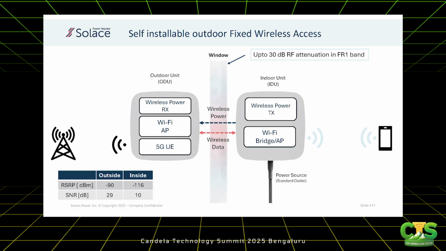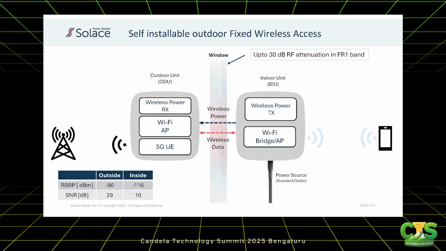Okay, I'll now come to the use case I was talking about. At Solace, we just developed a wireless power transfer system, right? We were looking at applications of our technology, and we found that fixed wireless access devices today, which are usually indoors, suffer a very high penalty of RF signal propagation through windows, especially in North America and Europe, where you have double pane, single coated or double pane, double coated, metal coated windows.